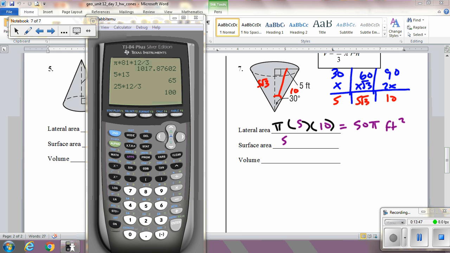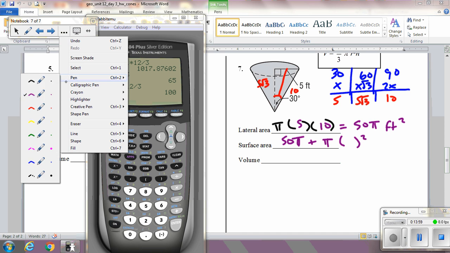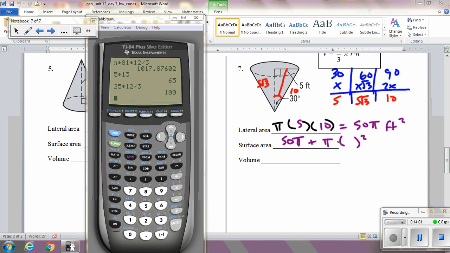Bring that down, 50 pi plus pi times my radius squared. So my radius is 5. So 5 squared is 25. So 25 plus 50 is 75 pi feet squared.